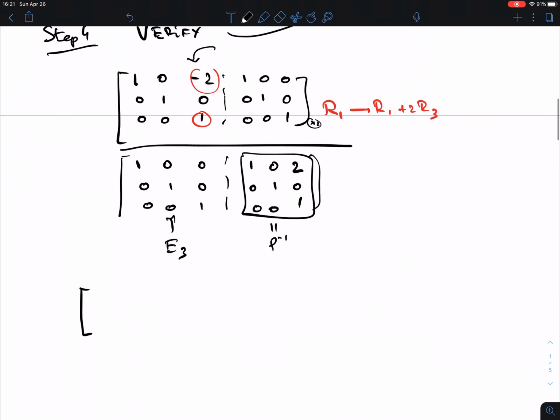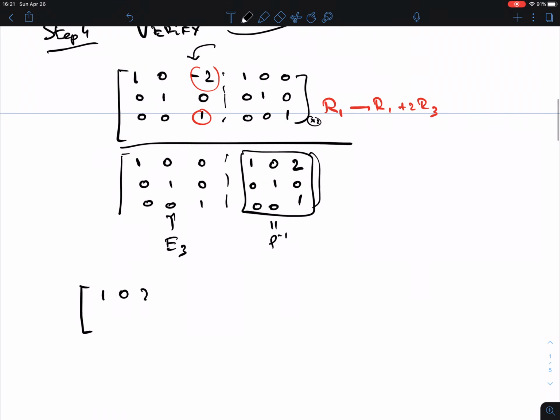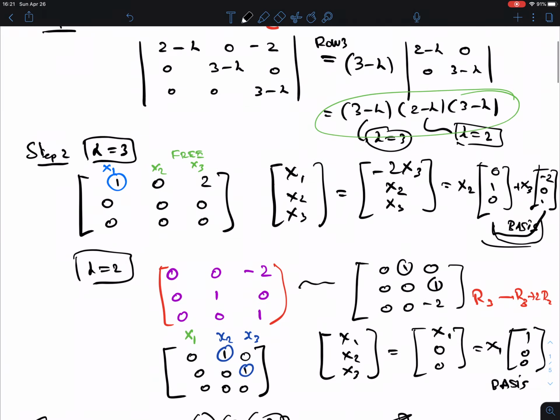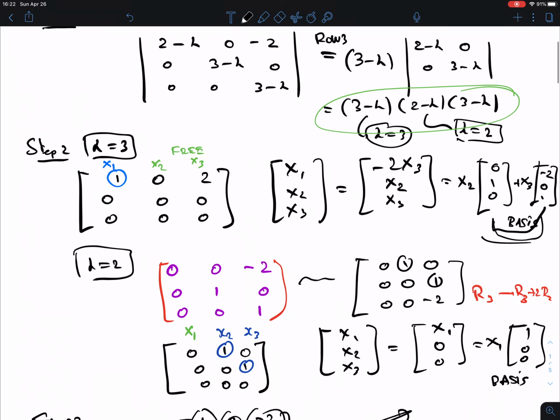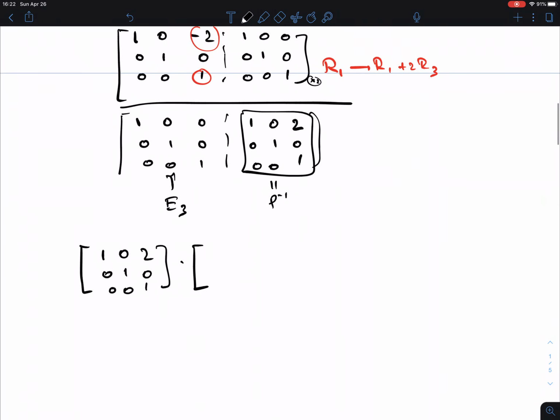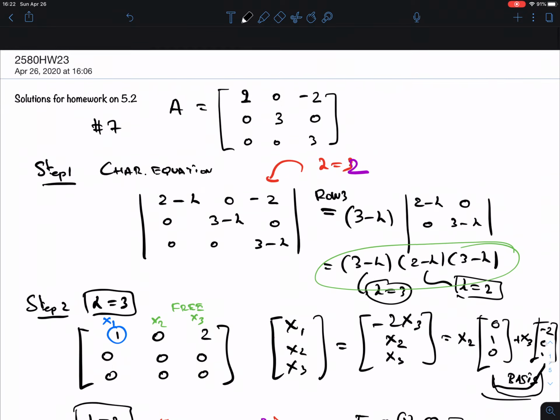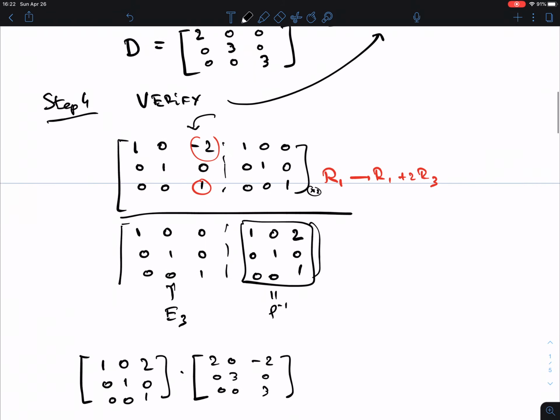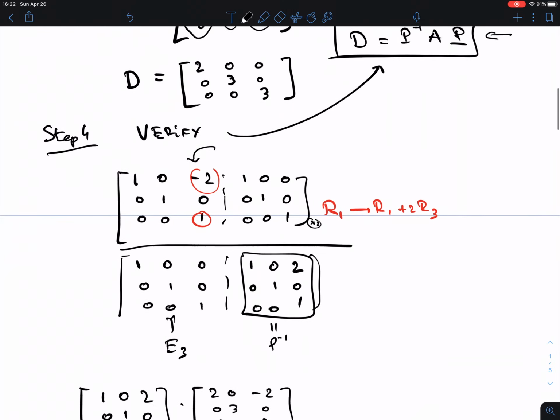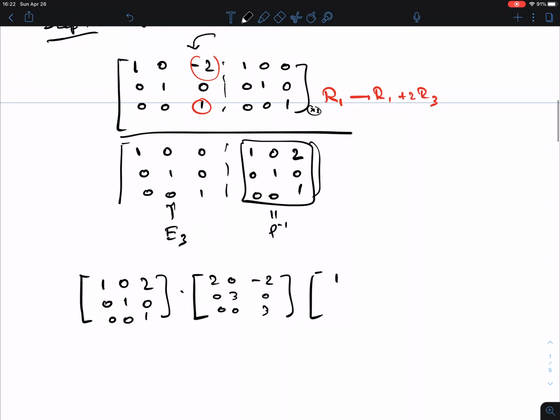We have P inverse: 1, 0, 2, 0, 1, 0, 0, 0, 1, times the original matrix A, which was 2, 0, negative 2, 2, 0, negative 2, 0, 3, 0, 0, 0, 3. Let me double check. Yep. And then finally P itself, where P was 1, 0, negative 2, 0, 1, 0, 0, 0, 1.